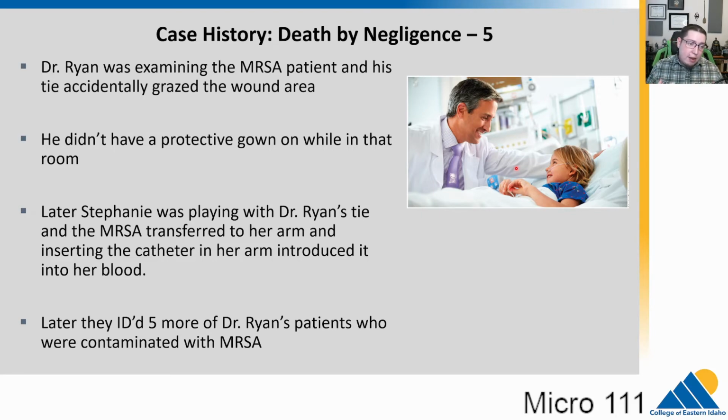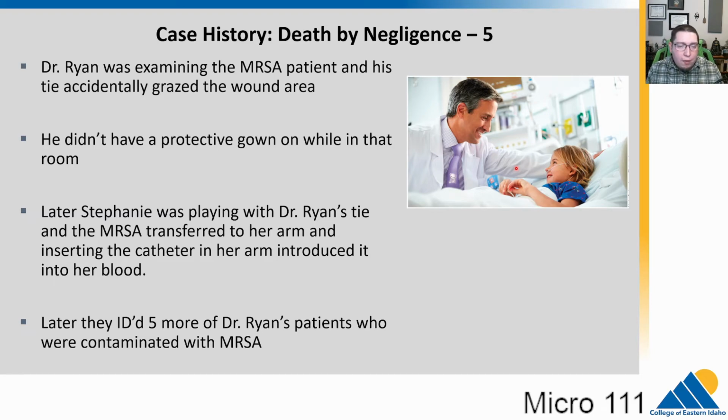So he's contaminated his clothing. Later, he goes and visits Stephanie, and she's playing with his tie. So now she's getting those microbes on her hands, and then she probably touched her arm because she has a needle in it and transferred those microbes into the catheter area and introduced them into her blood. Okay, and then that led to her death.